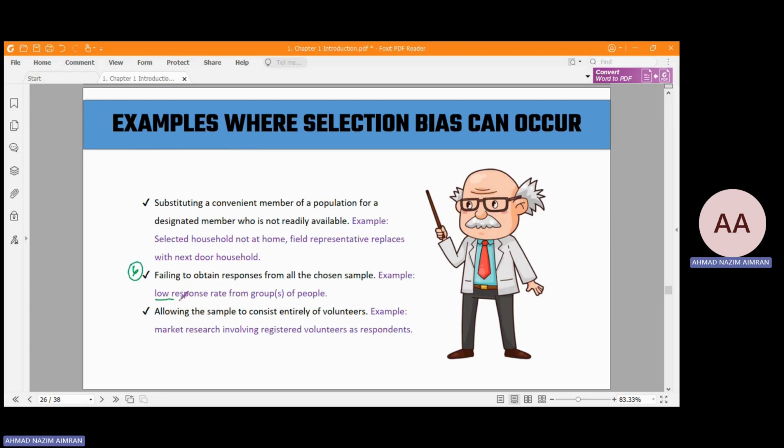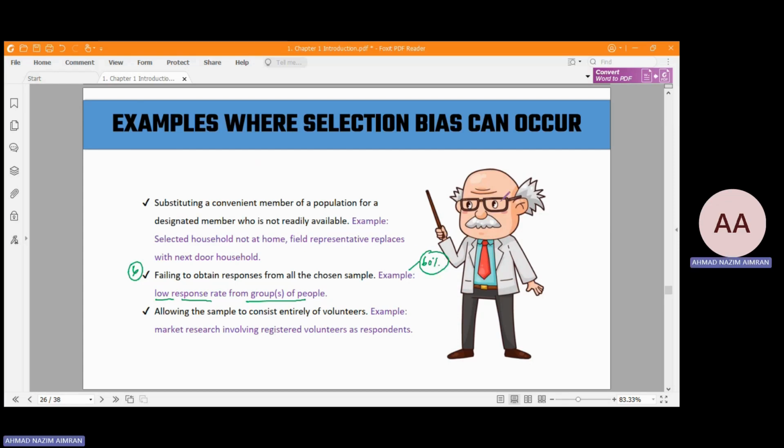This is low due to the low response rate from groups of people. As I've mentioned earlier, in Malaysia, usually we'll have, for example, a 60% response rate overall.